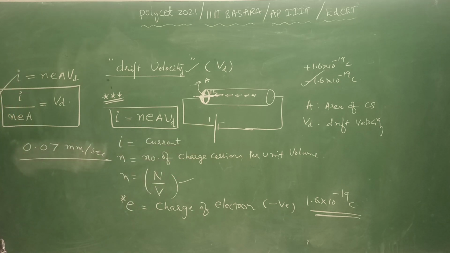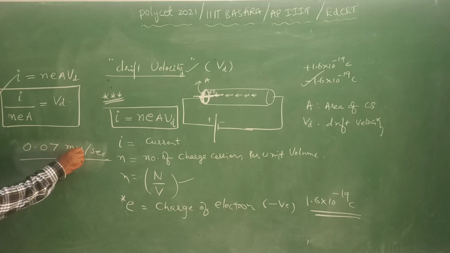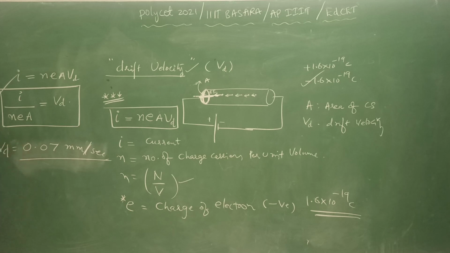So 0.07 millimeter per second is the drift velocity for a copper conductor for a given area of cross section, according to the textbook. And sometimes the question is asked in another way.